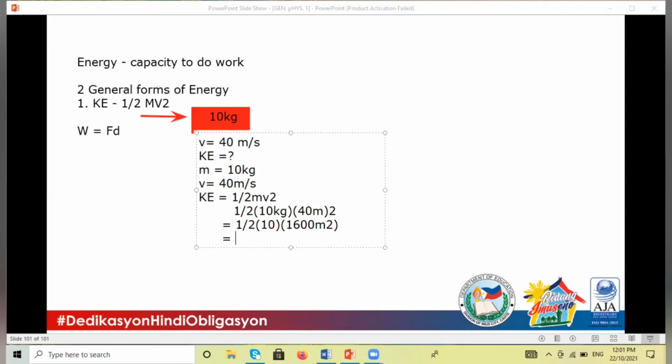Equals to 1/2 times, don't forget to indicate the unit measure, times 10 times 1,600, 16,000 kilograms meters squared.